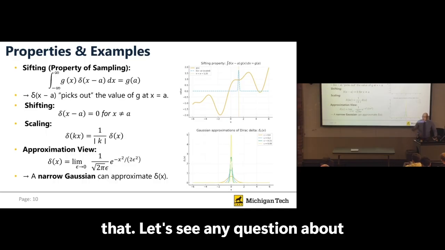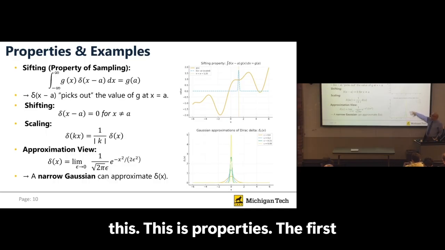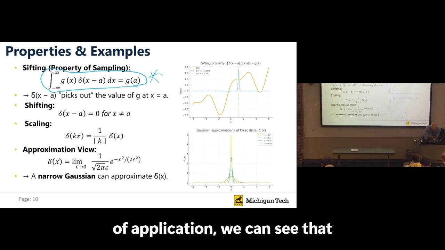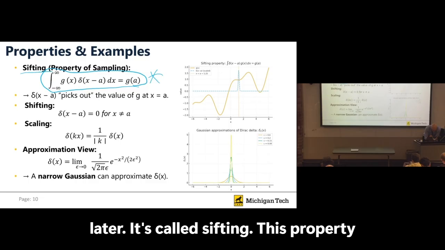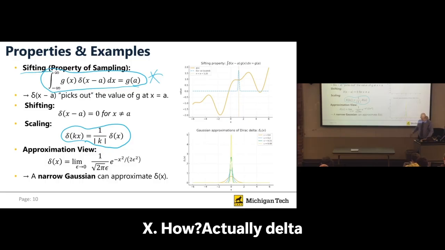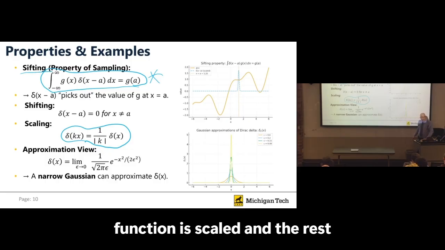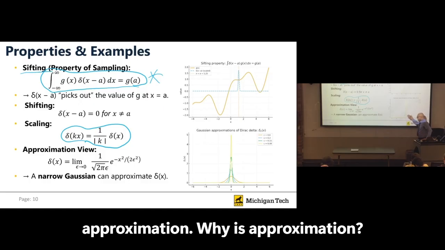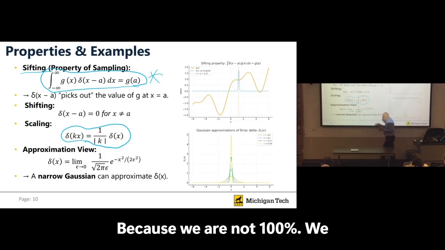Let's see, any question about this? These are properties. The first one is the important one. We can see its applications later. It's called shifting. This property is also important: when we scale x, how the delta function is scaled. And the rest we already explained. It's a good approximation. Why is it an approximation? Because it's not 100%.